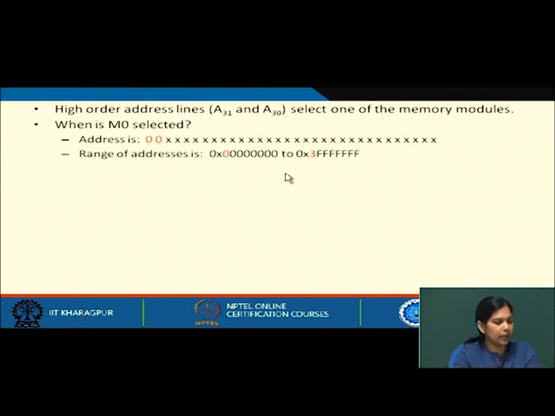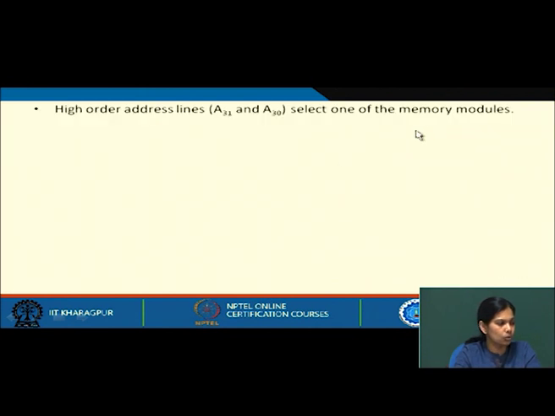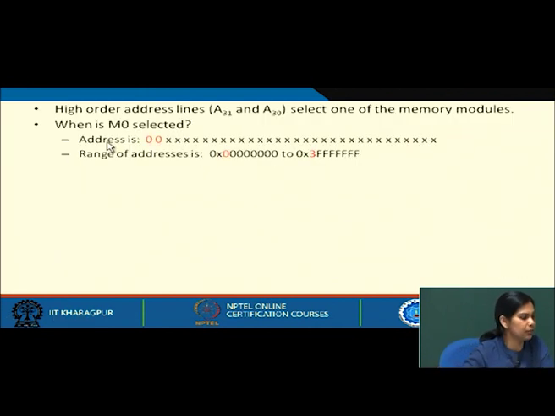So, what happens when M0 gets selected? When M0 gets selected, the higher order address lines will be 00. When these higher order address lines are 00, then only memory module 0 is selected. So, what will be the range of address?